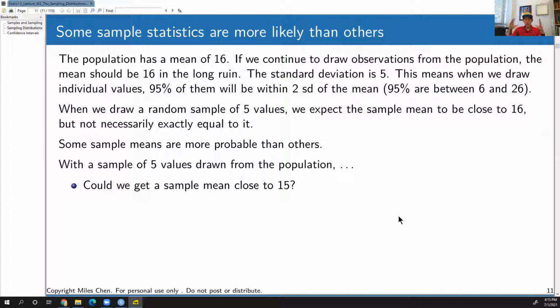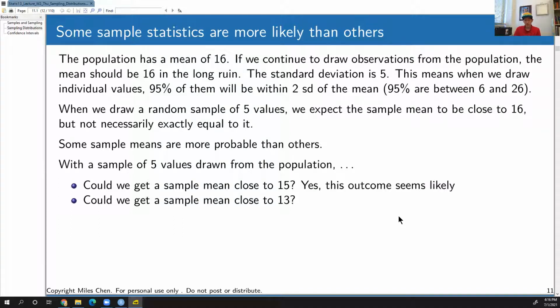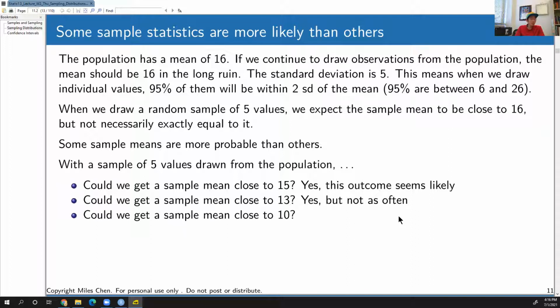If the population has a mean of 16 and I take 5 random values, could I get a sample mean of, say, 15? I think we would say, yeah, that sounds pretty likely. What about a sample where the mean of the 5 values is only 13? We say, well, that could happen too, probably not as often as getting 15.